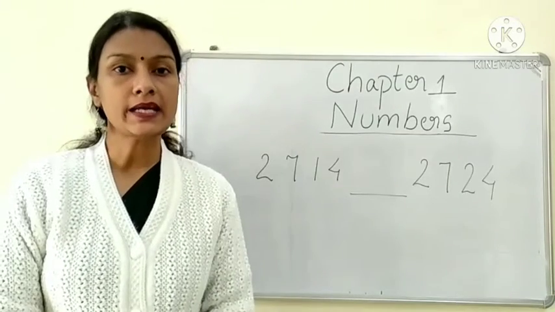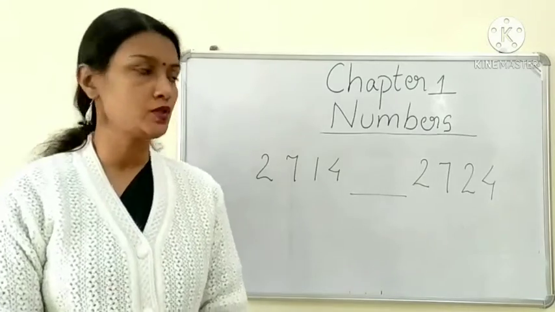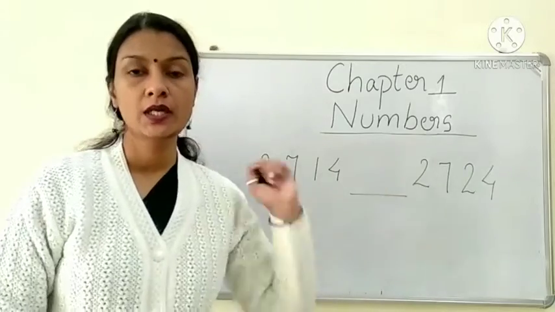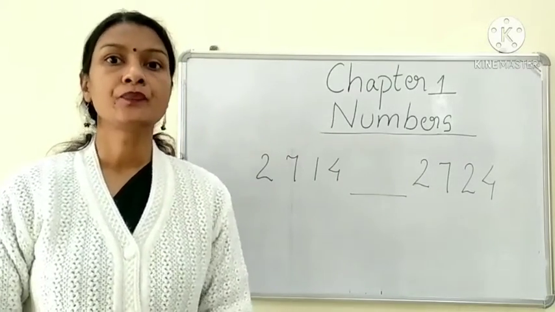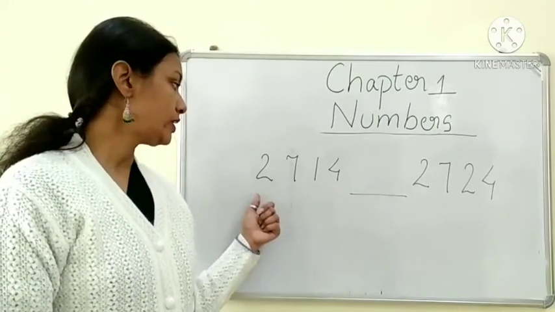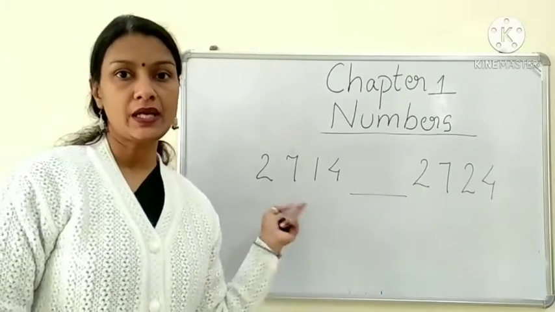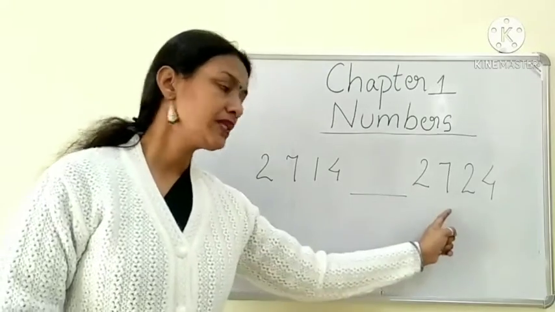Second possibility is when the 2 numbers have the same number of digits. Here also 4 digit, here also 4 digit. To compare such numbers, we proceed with the leftmost place in both the numbers. So here 2 and 2, both are same. If they are equal, then we compare the second digit. 7, 7.